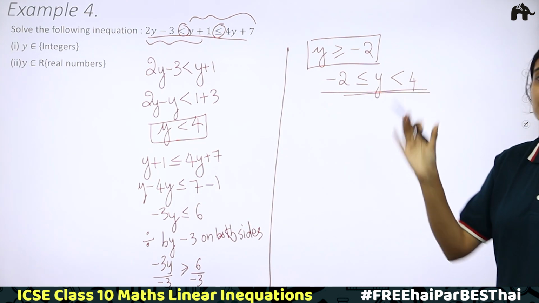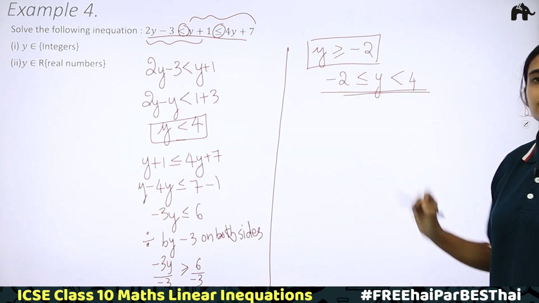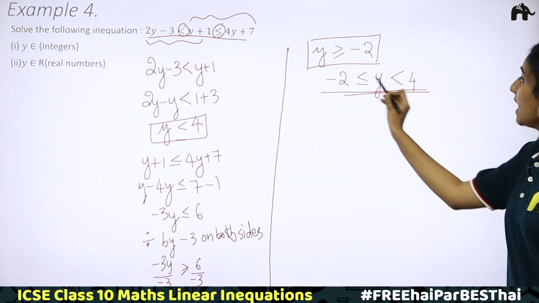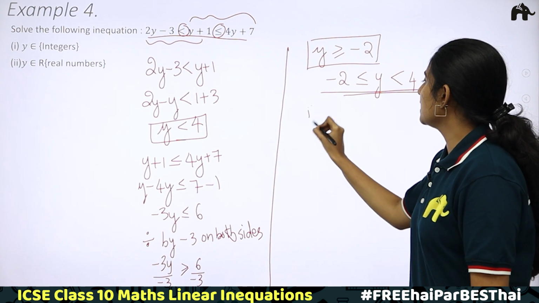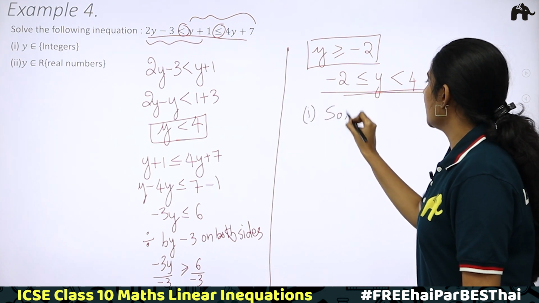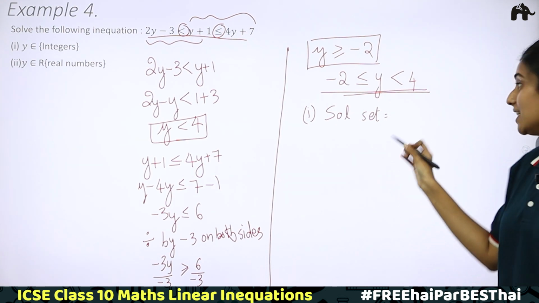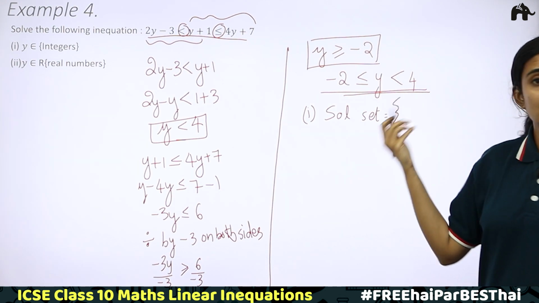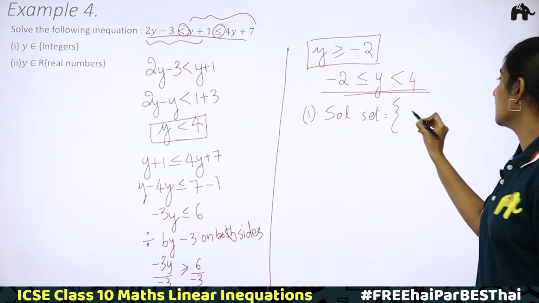Now, our first question is y belongs to integers. Y is an integer. Okay? Minus 2 is an integer and y can be equal to it. So the solution set for the first case, we represent the solution set in flower brackets. We can include minus 2 because here there is an equal sign.